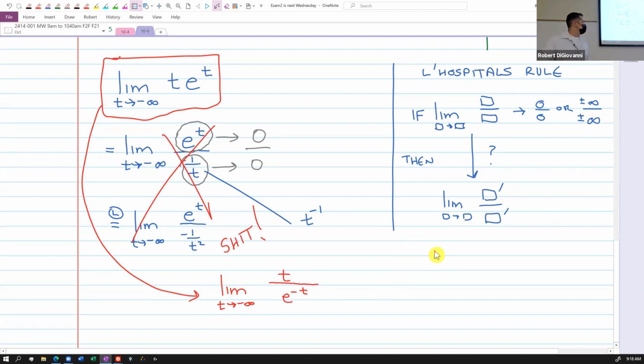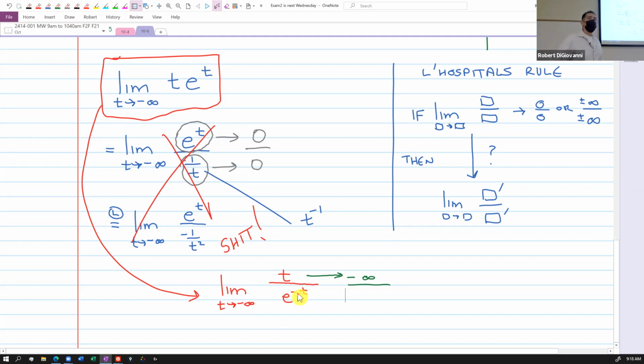The reason I like that is because, well, let's see what happens. Let's first check that we can use L'Hopital. If I let t go to negative infinity, the top goes to negative infinity, doesn't it? And the bottom, be real careful here, because we now have e to the negative t. What happens if I put a huge negative number in right here?